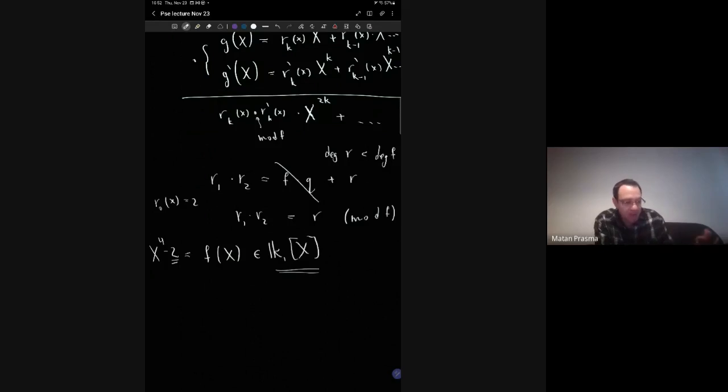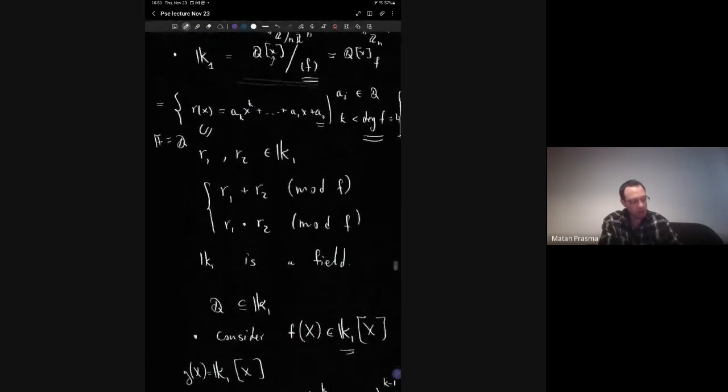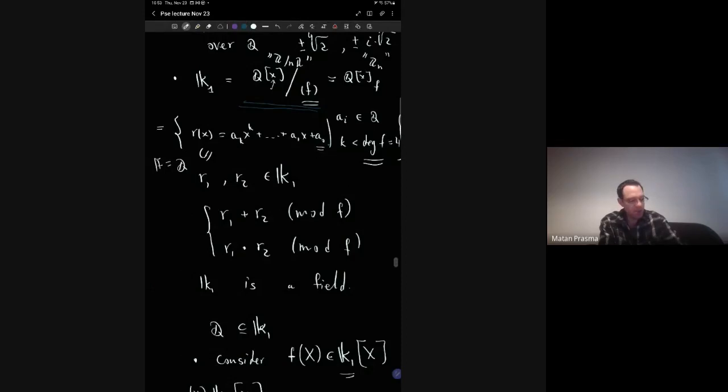So I first claim that in this setup, F has a root in K1. Now, how do you see it? Remember what is K1? K1 is the remainder polynomials with modulo F arithmetic.